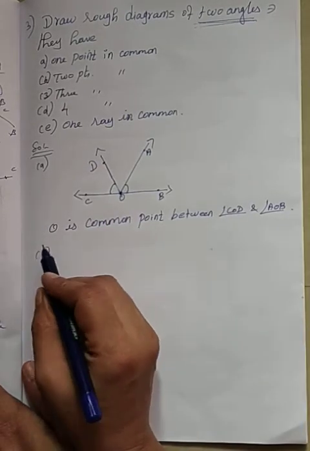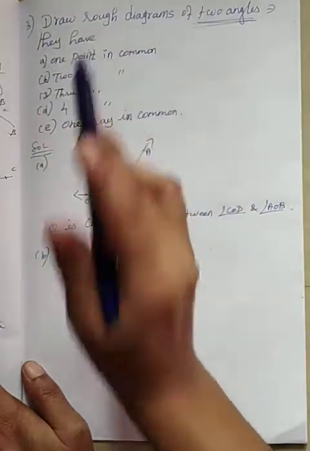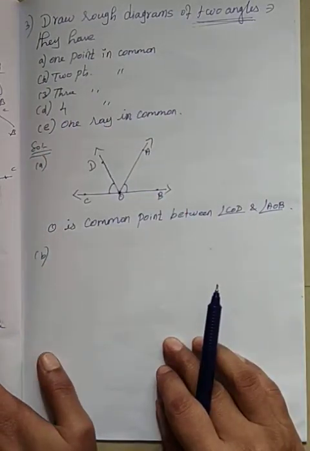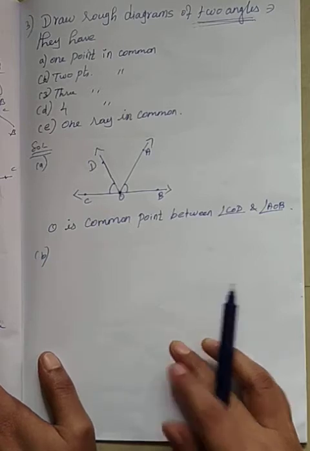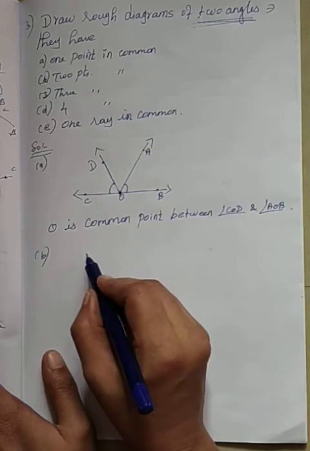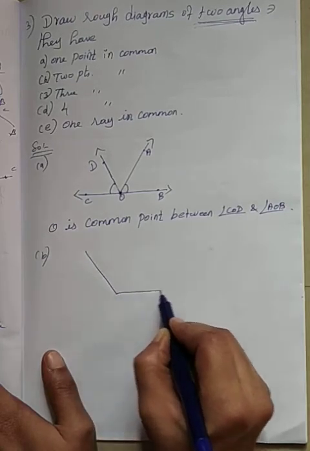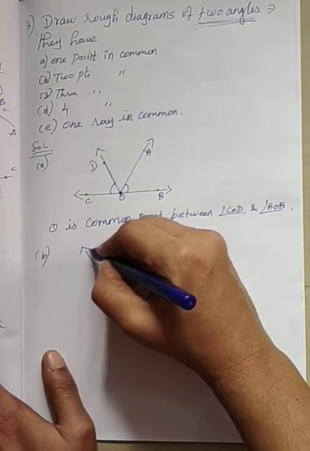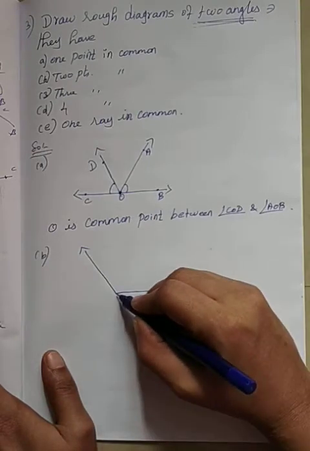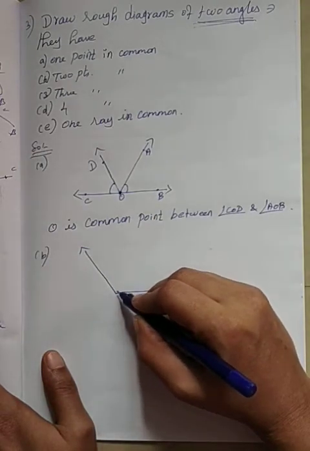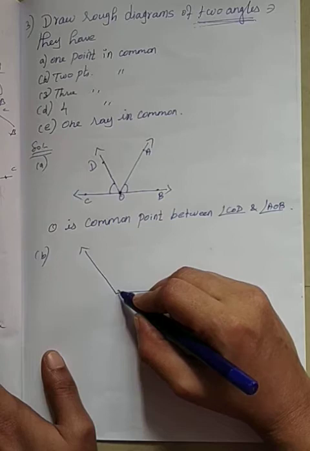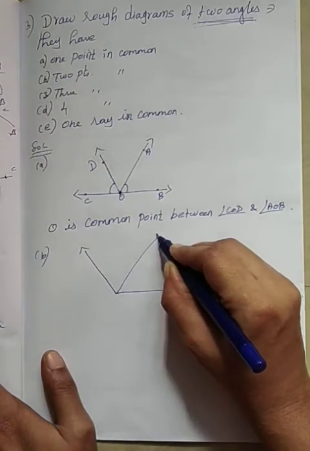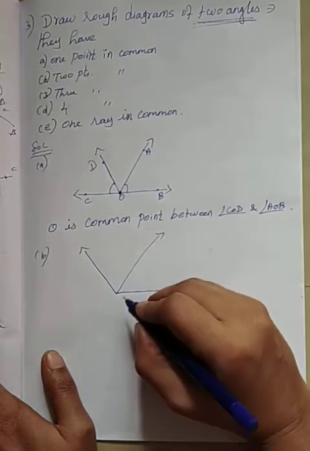See the next one. Two angles, 2 points. How can you draw two angles, 2 points? See, this is one angle, but two angles means this one, 2 points.